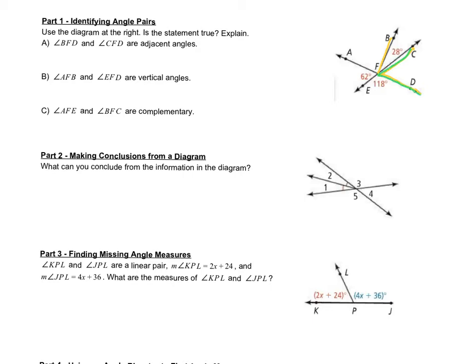Now, do not get confused. Those angles look like they're right beside each other, but they have a common side, which is FC. So this is the common side right here.